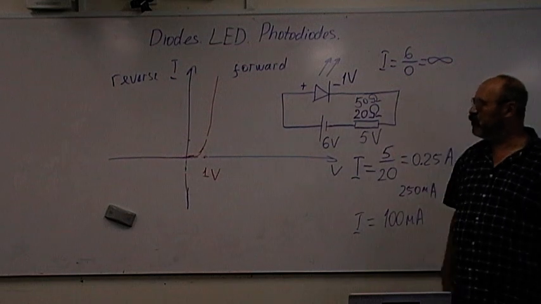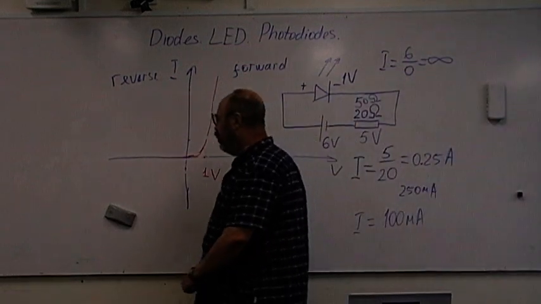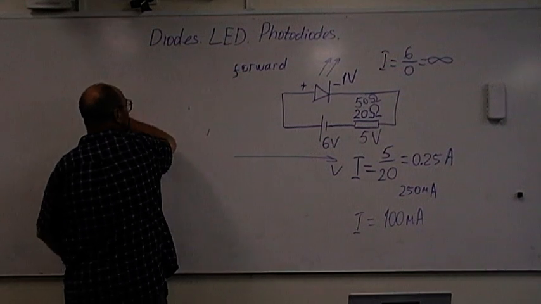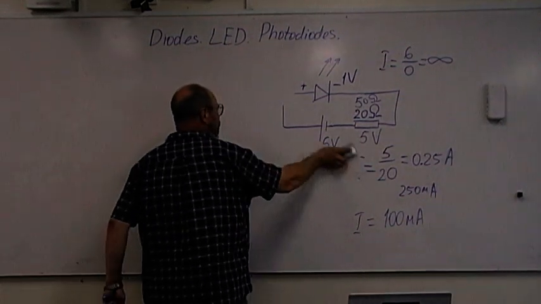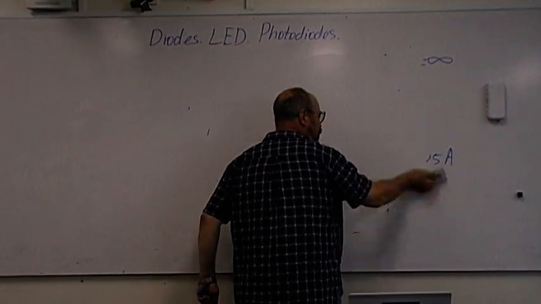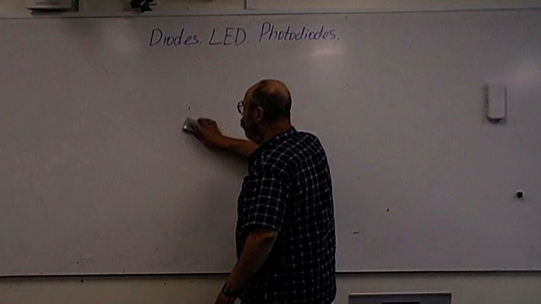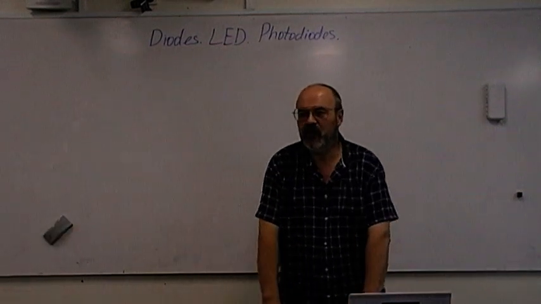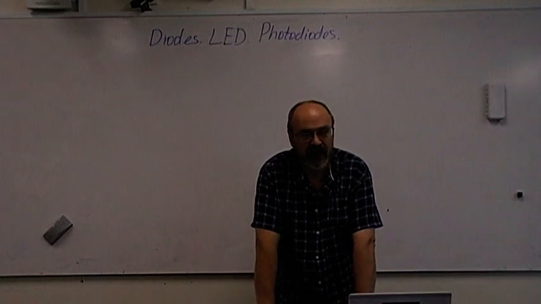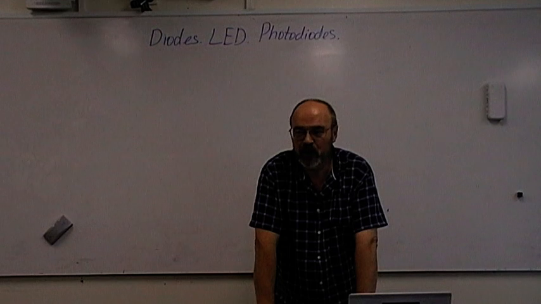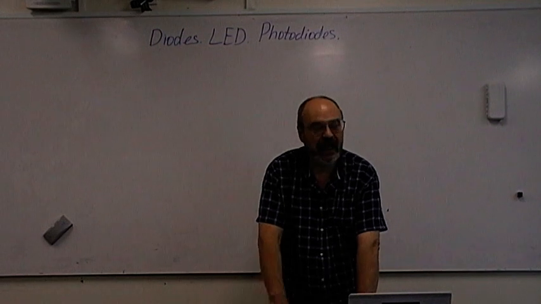Last type of diodes, photodiodes. A photodiode is connected in reverse, or more exactly, it's unbiased. Put your hands up if you have solar panels installed. Those solar panels are actually photodiodes. So what energy transformation does an LED do?